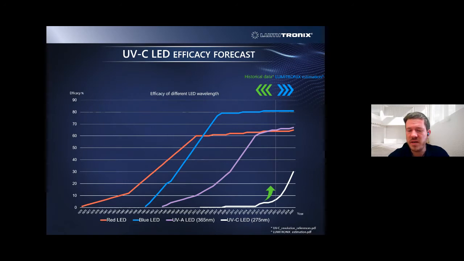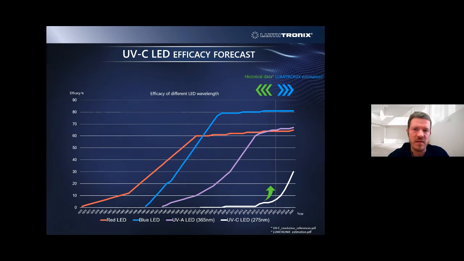And for UVC LEDs, I'm looking at 275 nanometers right now. We are seeing a development which is in a very, very early stage, but which might follow a similar direction in the future from what we are seeing in the market right now.